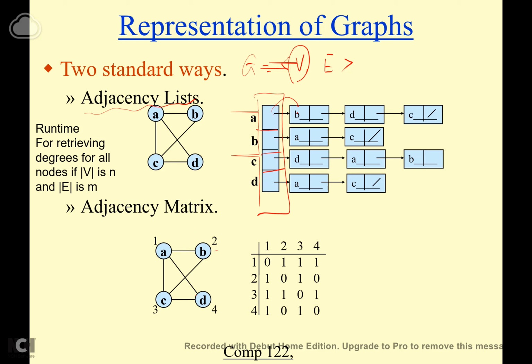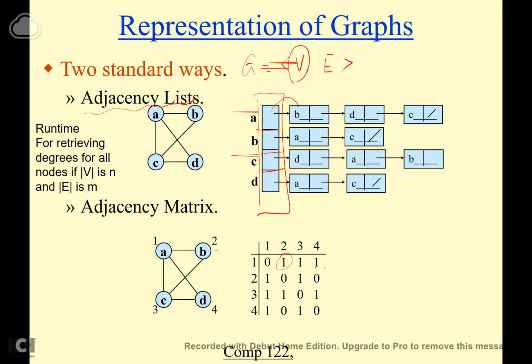Then very intuitively, we can use a matrix, just like an Excel table. You have multiple rows, multiple columns. Each row represents 1 node here. Each column represents 1 node here. If you have 4 rows, you also have 4 columns.